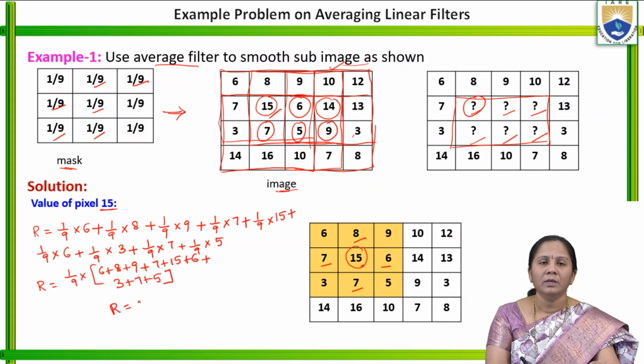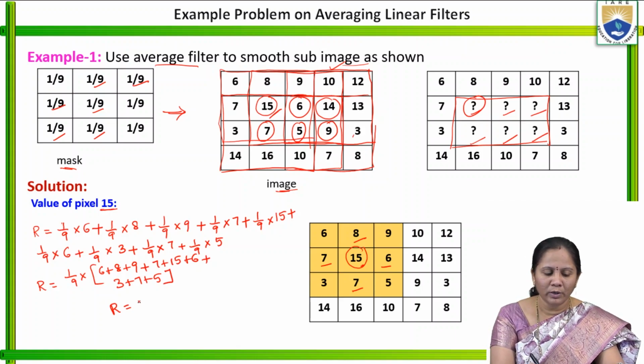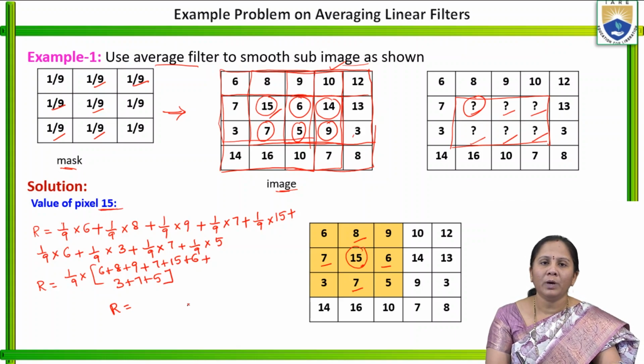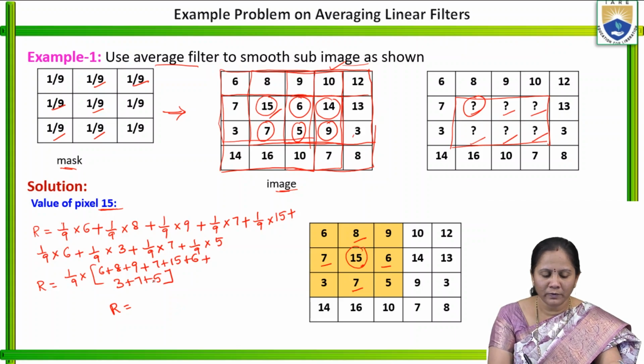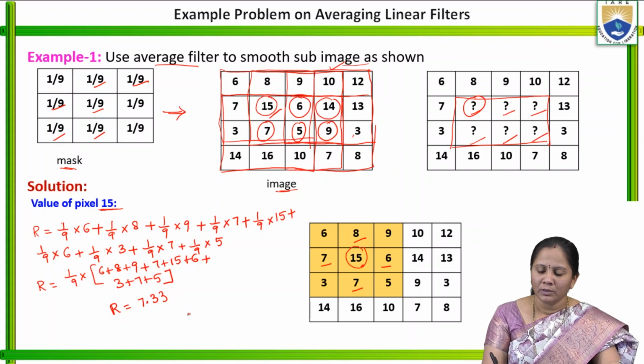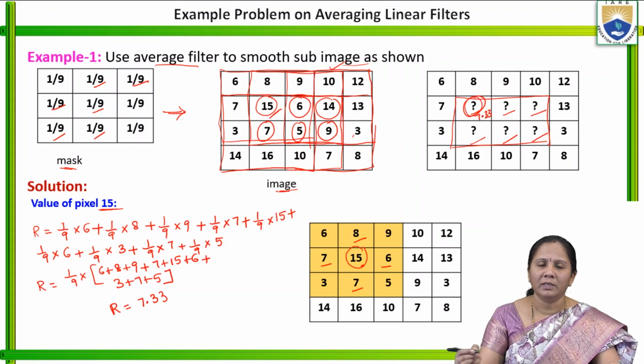If we simplify this value, we are going to get the new value of 15. If we simplify, we will get 7.33. So, here 15 will be replaced with 7.33.